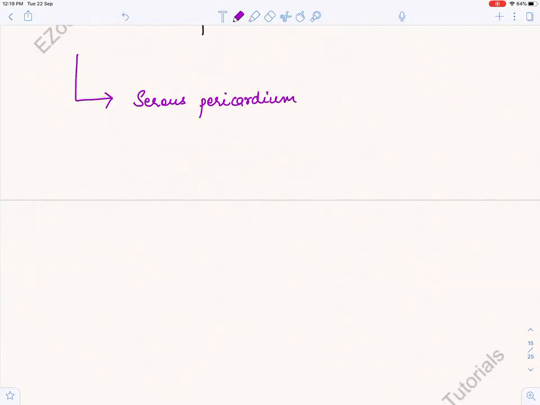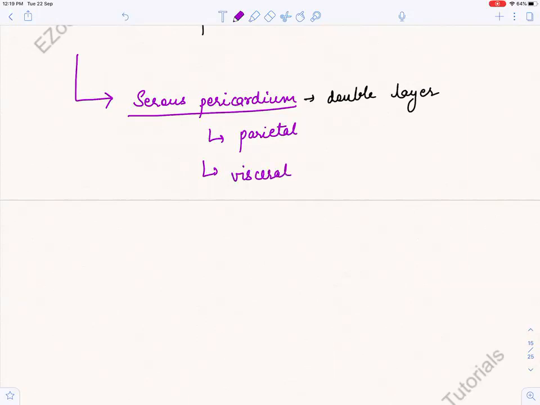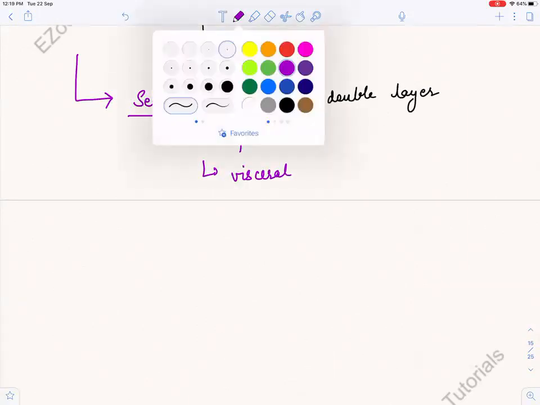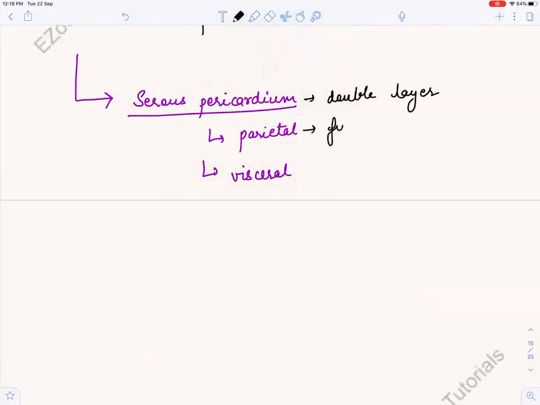Now let us see something about this serous pericardium. The serous pericardium is a double layer. So again we can divide it into two parts, right? These are the parietal layer and the visceral layer. We did it, parietal layer and visceral layer. This parietal layer is actually fused with the fibrous pericardium, okay?